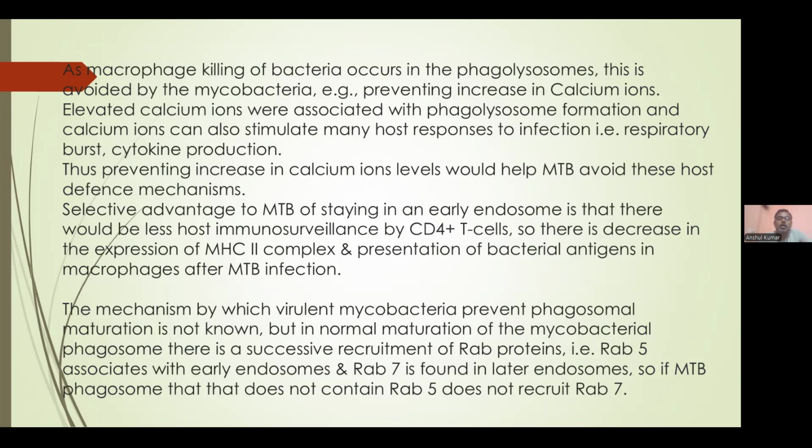For their survival, basically they prevent the increase in calcium ions. Elevated calcium ions are associated with phagolysosome formation, and calcium can also stimulate many host responses to infection, that is, respiratory burst, nitrogen oxide, and cytokine production.